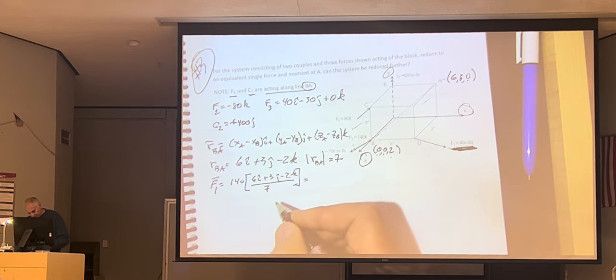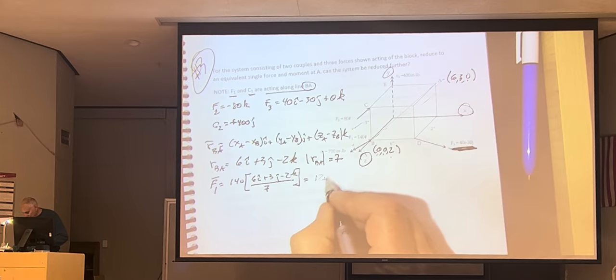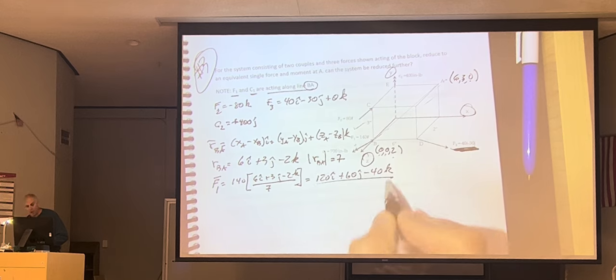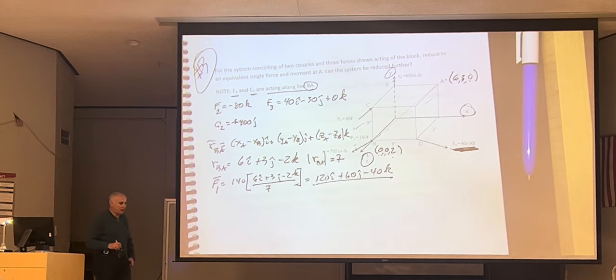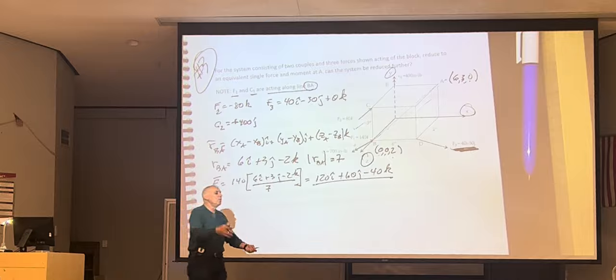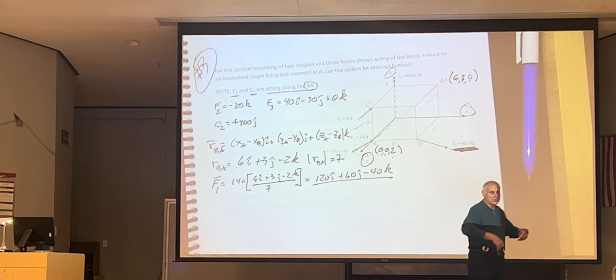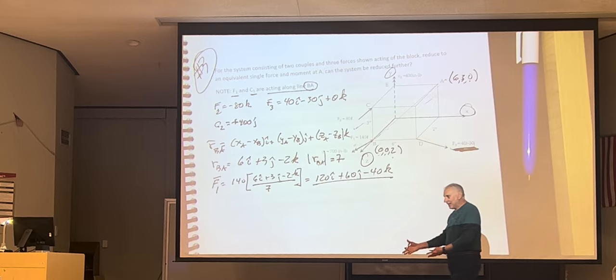That's going to give me 120i plus 60j minus 40k. Bingo. There's F in terms of IJK. Any 3D problem, you must get everything in IJK format. It's that simple. There's no, what do I do with this? I gotta get it in IJK format.